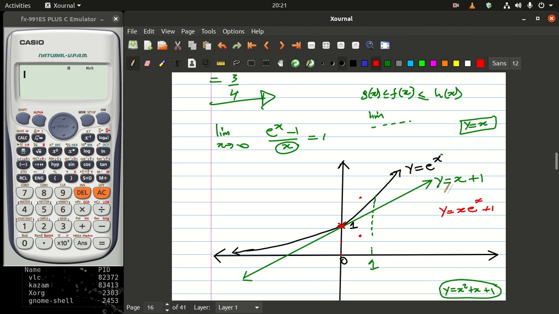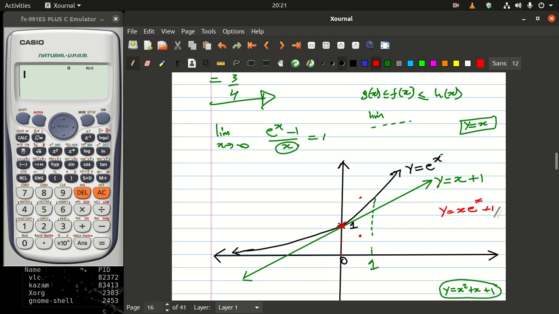The question is, how do I know? You can, let's say, take 0.5. If I take 0.5 here and plug it in, I will get half of the value of this function that I had, and now when I add a 1, it is going to be half of that value plus 1.